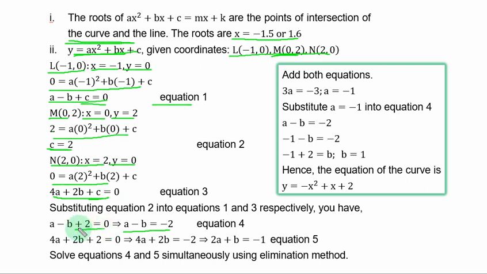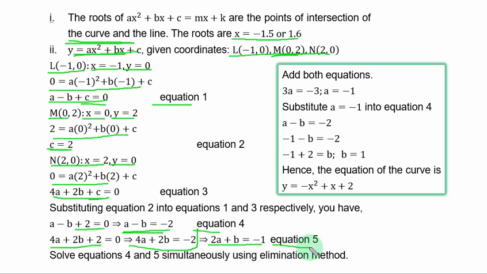If you transfer plus 2 to the right hand side, you have a minus b equal to minus 2. So let's call that equation 4. Then if you take equation 3 and replace c with 2, when you transfer it to the right hand side, you have this result. If you divide through by 2, you have this result. So let's call that equation 5.